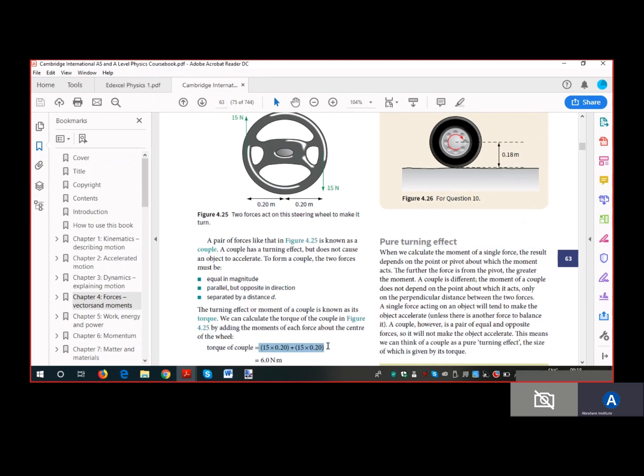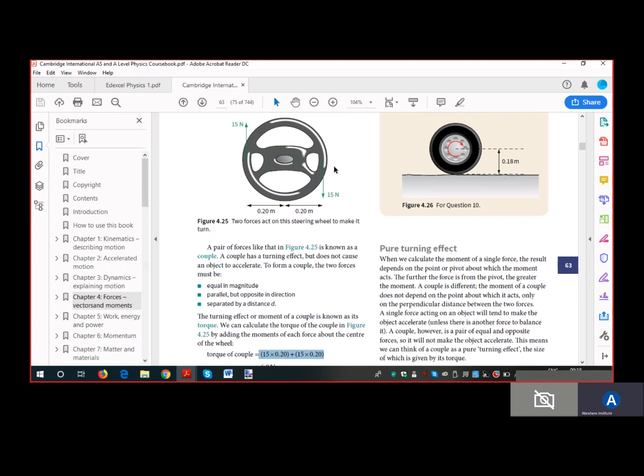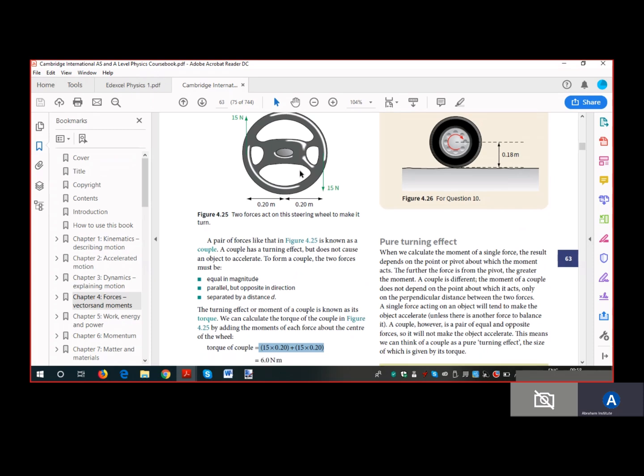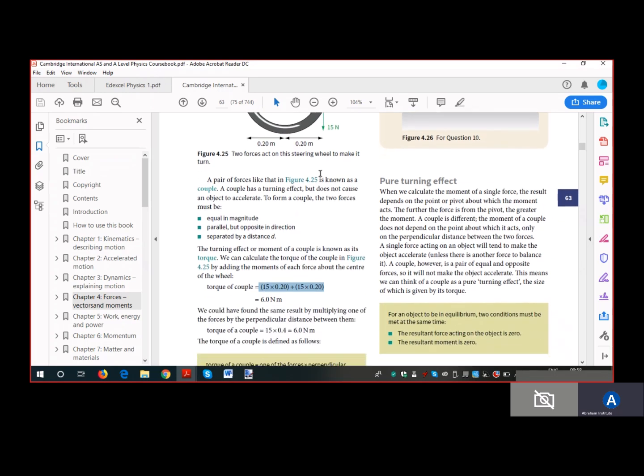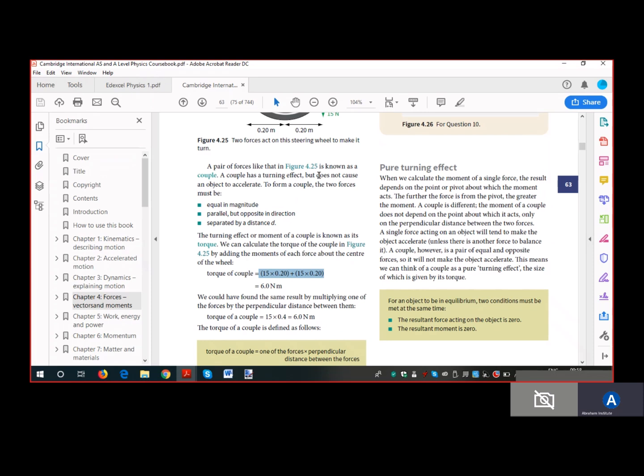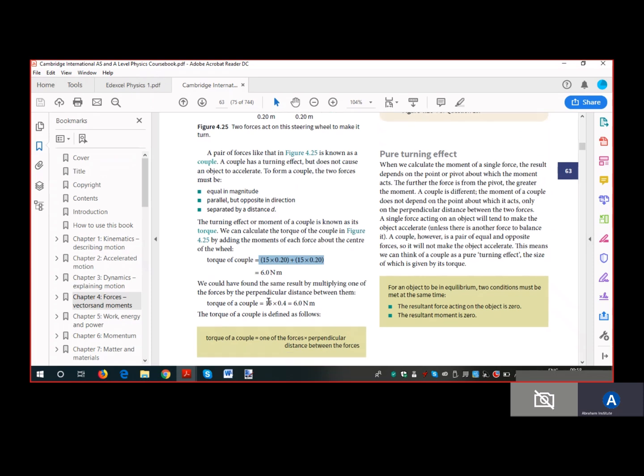But if it's a couple, the forces are equal in size. So because the forces are equal in size and they are separated by the distance d, which is 0.4, instead of taking it separately like this, we can directly do it like this: 15 into the distance between them.